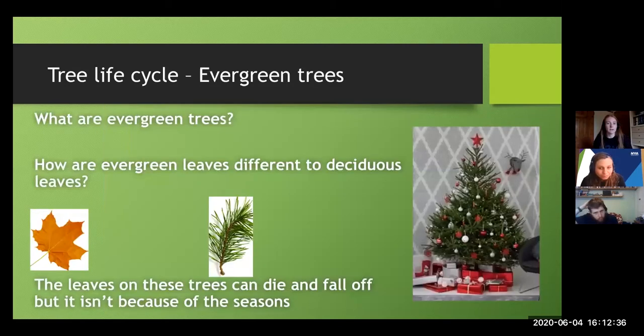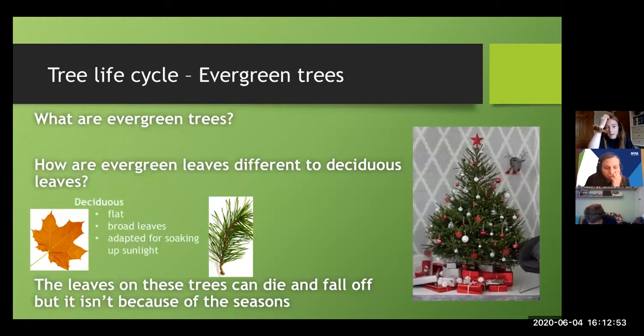Okay, so the other side to that are evergreen trees, and these do not lose their leaves because of winter. They have different leaves because of that. A deciduous tree will have flat, broad leaves adapted for soaking up sunlight.